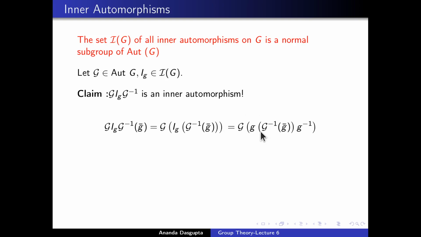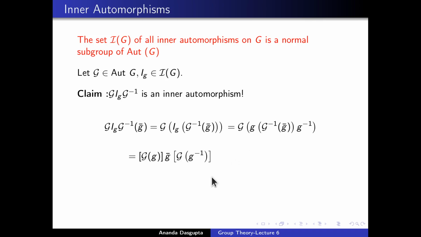This, remember, is a product of three terms: small g, curly G inverse G bar, and g inverse. Curly G, being an automorphism, is obviously a homomorphism, and because it's a homomorphism, curly G can act on each one of these things separately. So you get curly G of g, then you get curly G inverse of G bar, which is just G bar, then curly G of g inverse. So this is what you end up with.